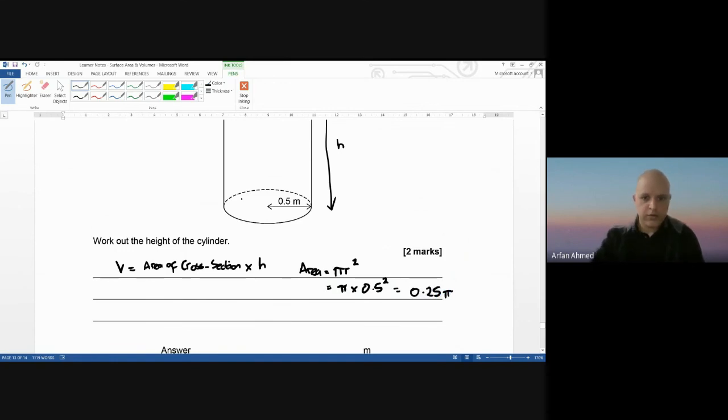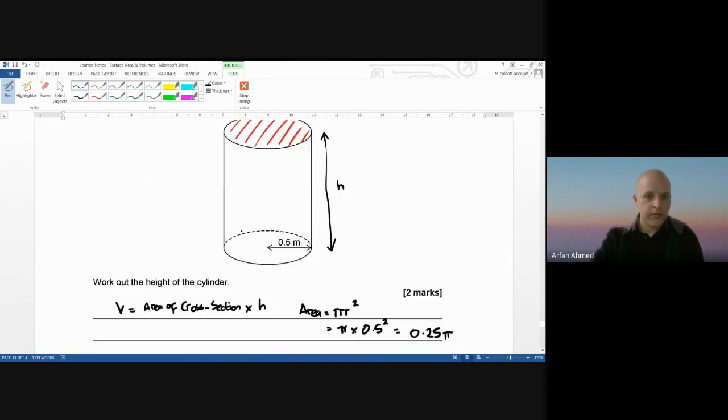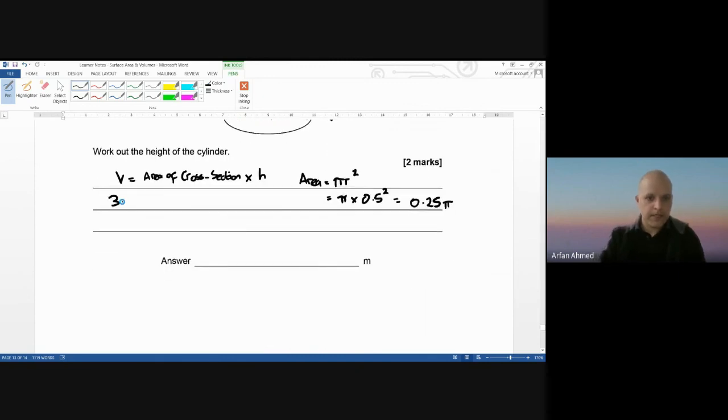Okay, we're told the volume, 3.8. We know what the area is now. That's 0.25 pi times the height. So the height is going to be 3.8 divided by 0.25 pi.